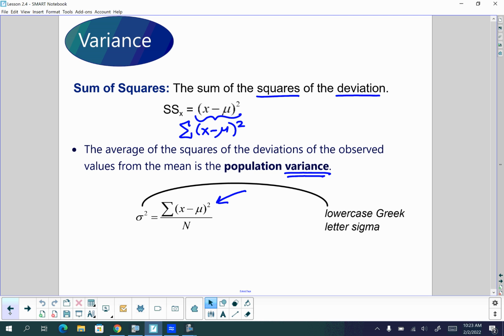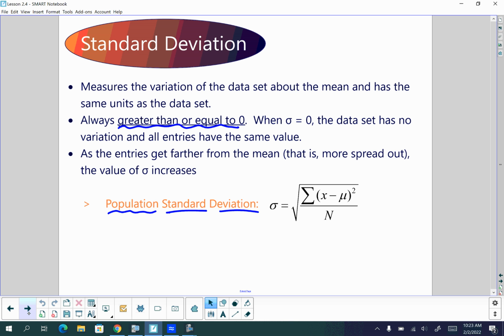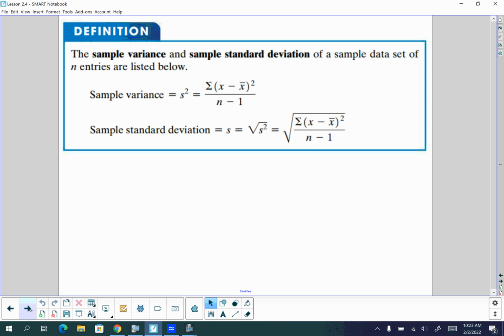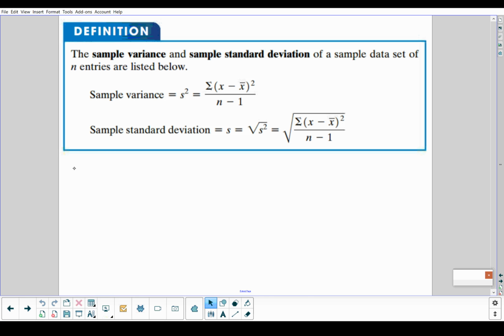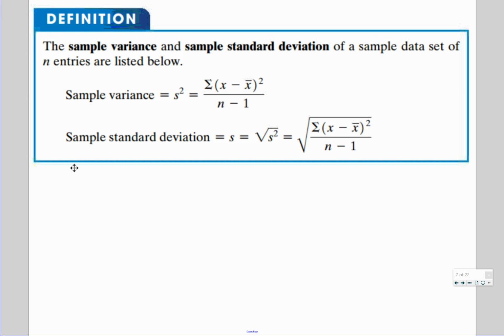Okay. All right. So yesterday we did population variance and population standard deviation, and this was the formula we had for population variance, and this was the formula you wrote down yesterday for population standard deviation. Today we're just going to edit that slightly to turn it into sample variance and sample standard deviation.